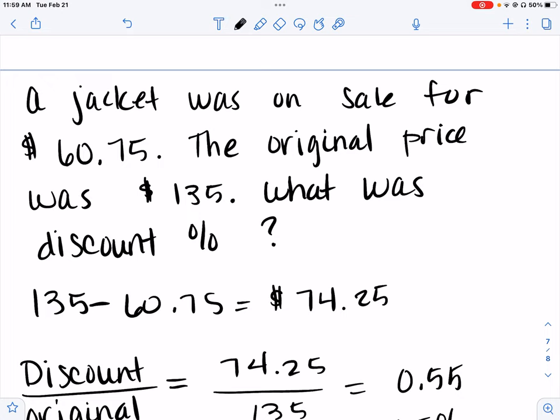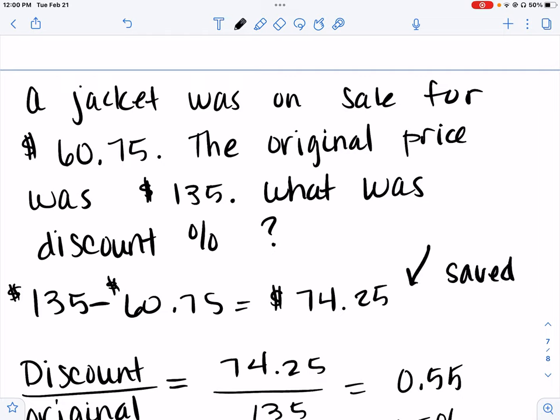A jacket was on sale for $60.75. The original price was $135. What was the discount percent? Okay, well, first we found the discount dollars. Our original $135. Subtract the sale price. Okay, so that means this is what we saved.